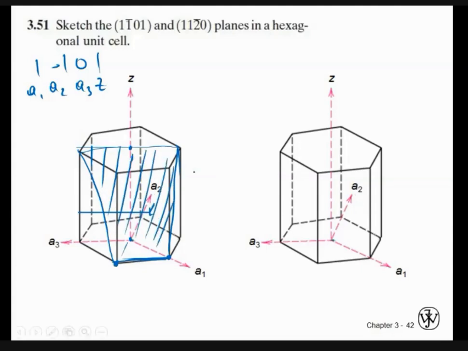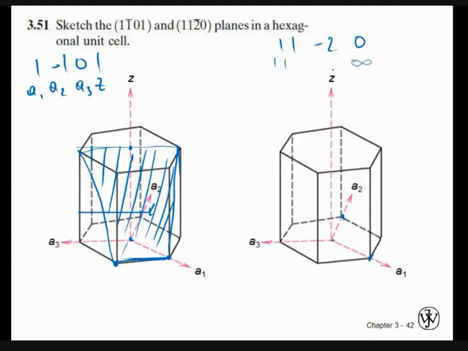So let's start to do this one. 1, 1, -2, 0. So open it: 1, 1, -2, 0. So it should intersect A1 at 1, A2 at +1, and this plane should be parallel to 0. If you reverse it, this is infinity.